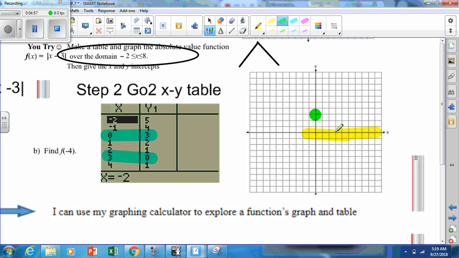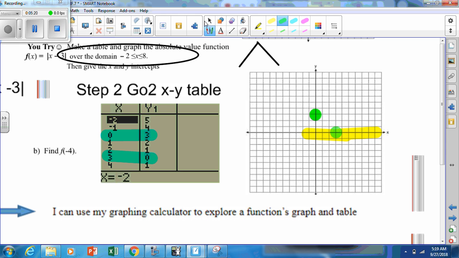Now, again, I need to look at some more points. And here's why. I know this is going to look like a V, and I just need to get a couple more points. One of the things that I should have been doing, and I'm glad I made this mistake in the video, is looking at my values, so I know what my high values are and what my low values are.